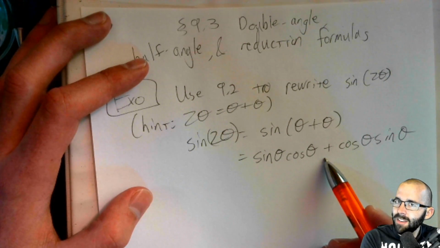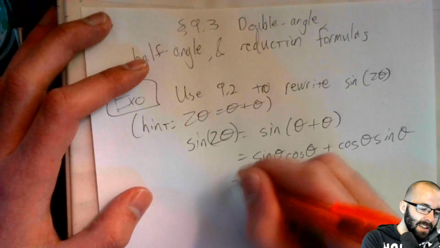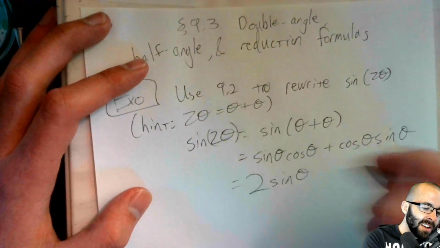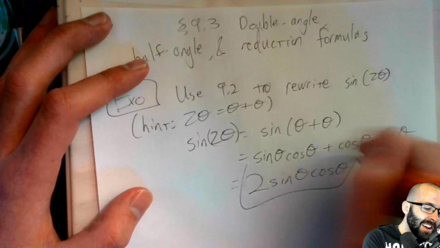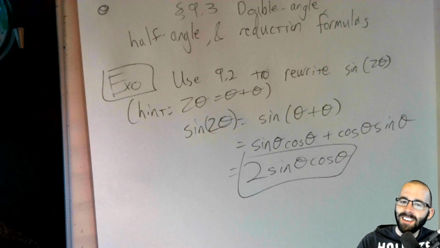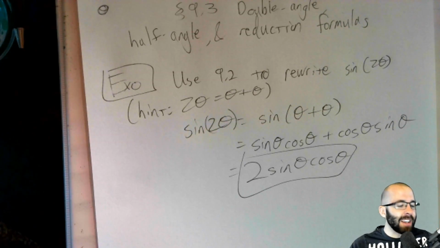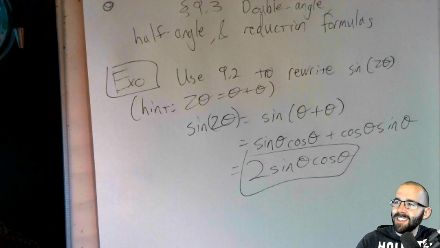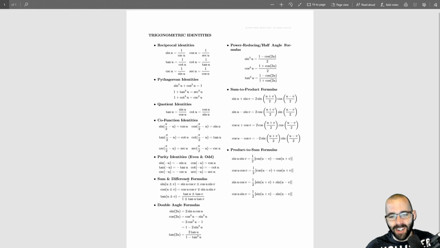So if we add them together, we have 2 of them: 2 sine of theta, cosine of theta. And I have to confess to you, you have just been tricked. You have been tricked into doing 9.3. I said it was 9.2, but it was actually 9.3 all along. I pulled a fast one on you. Because we just showed that sine of 2 theta, we just proved the double angle formula. Sine of 2 theta is 2 sine of theta, cosine of theta.